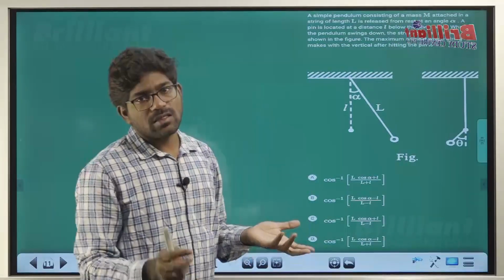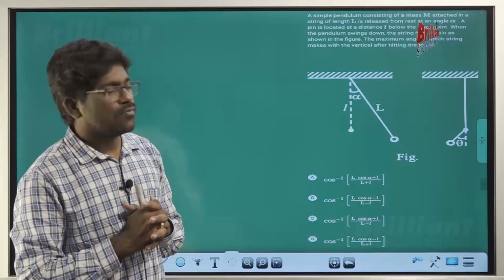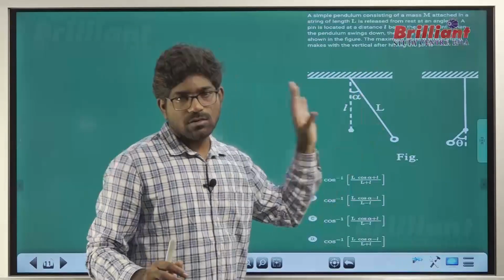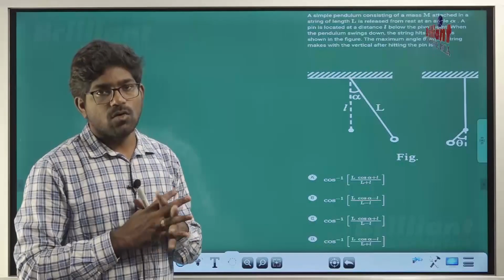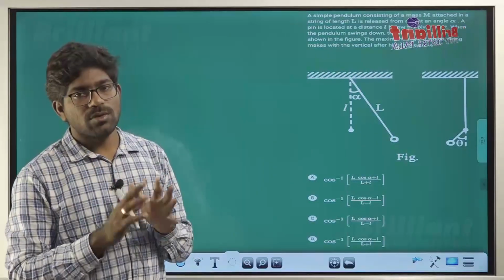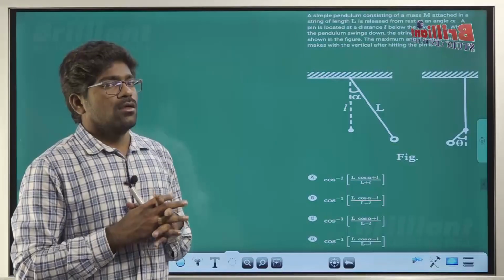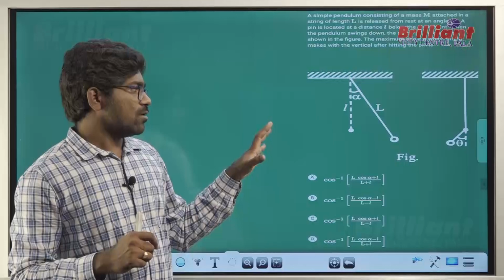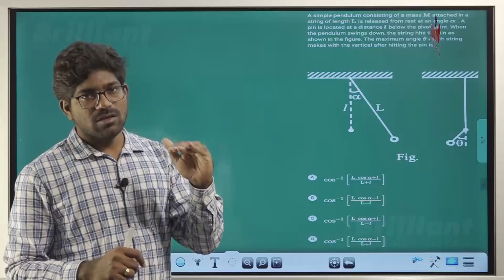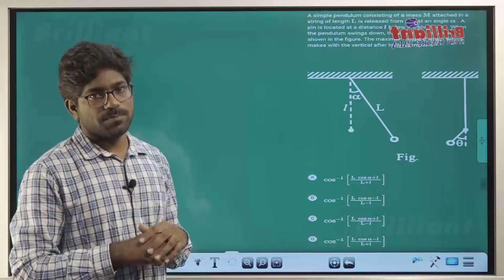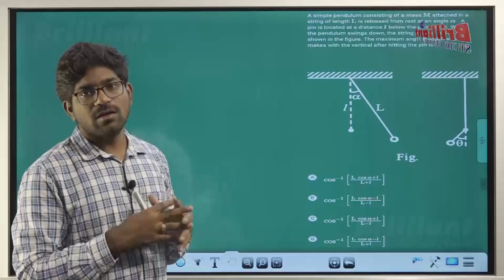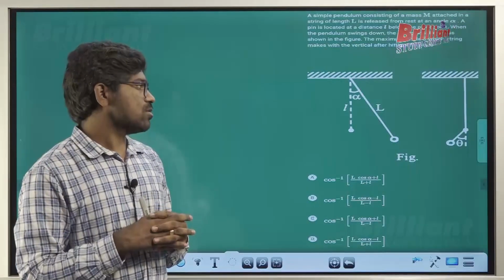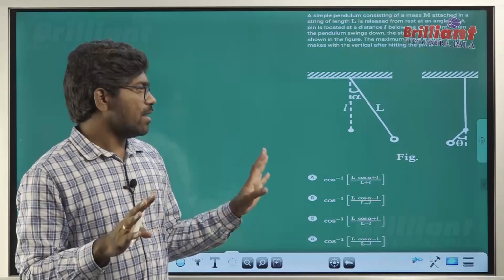So you don't need to write anything about kinetic energy. If you choose these 2 points as initial and final points, you only have to write the potential energy here. Yes or no? For potential energy, you have to take somewhere as potential energy 0. That is the reference point, so that you can write the potential energy at the other points. So that's the idea here.